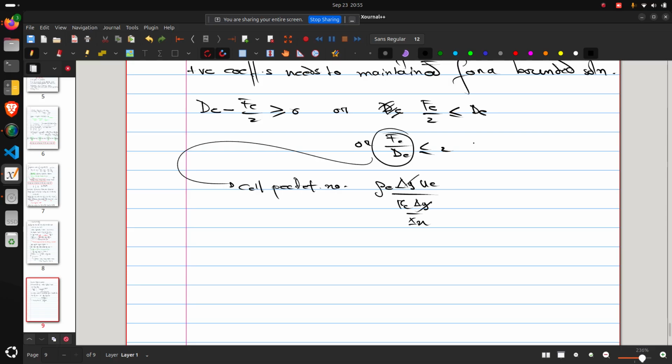So delta y we can just get rid of. So we have rho e UE times delta x by gamma east, right. This is nothing but the cell Peclet number. So we see that the cell Peclet number should be bounded by 2, or else we might run into negative coefficients, which eventually will give us unbounded and unphysical results, right.